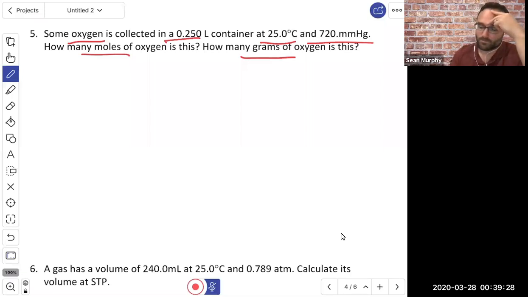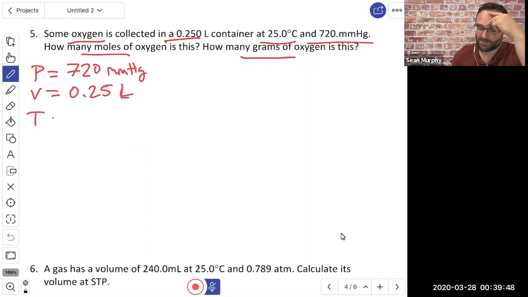So the pressure that they gave us is 720 millimeters of mercury. The volume is 0.25 liters. That looks good to me.